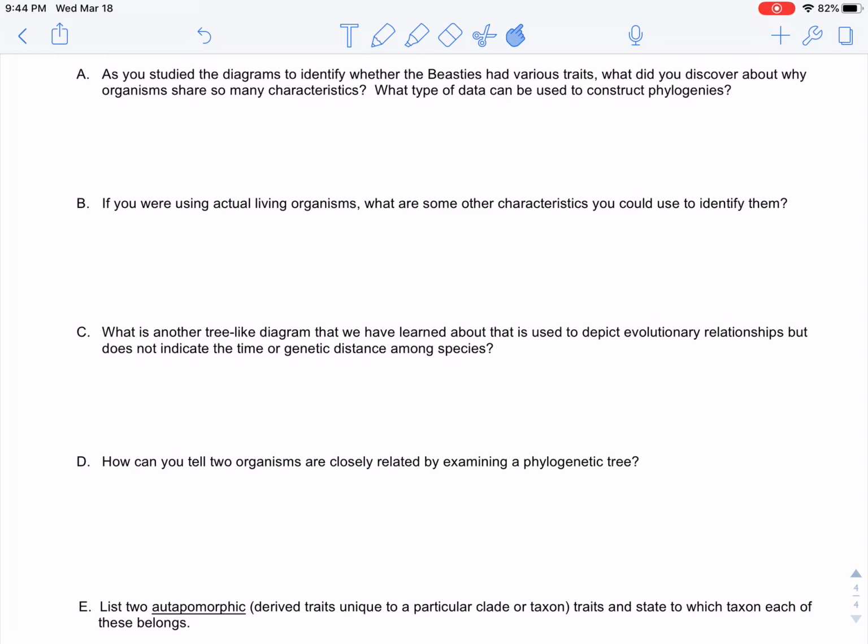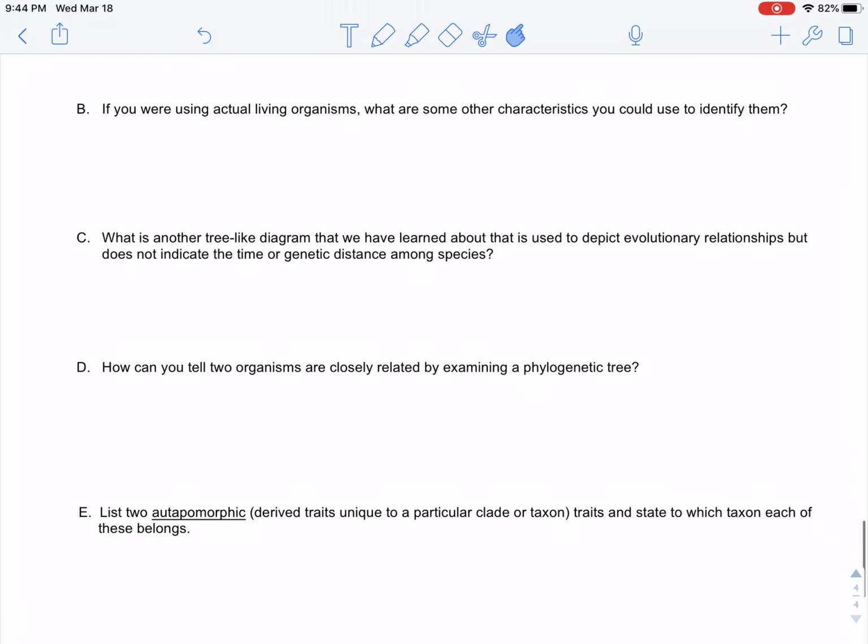So your online text could be a really great resource for this information as well, although you might not necessarily need it. So I'm looking for some well thought out answers for A through E here. E is really just a listing of 2 traits that are going to be unique to a particular type of beastie. And you can list any 2 and then just explain to which taxon it belongs.